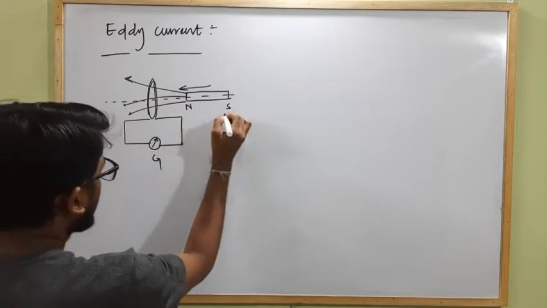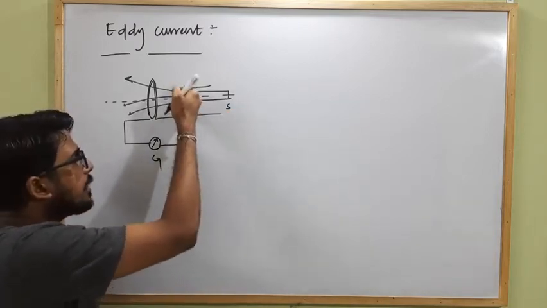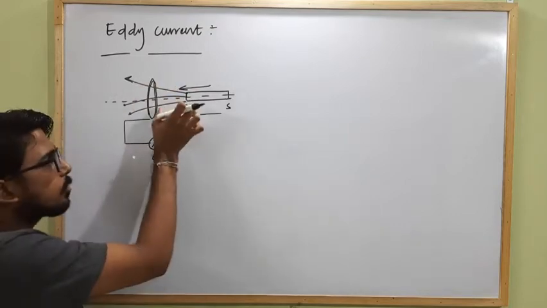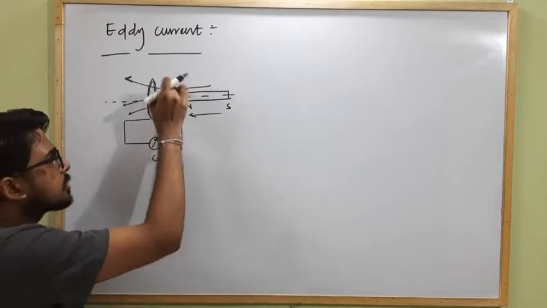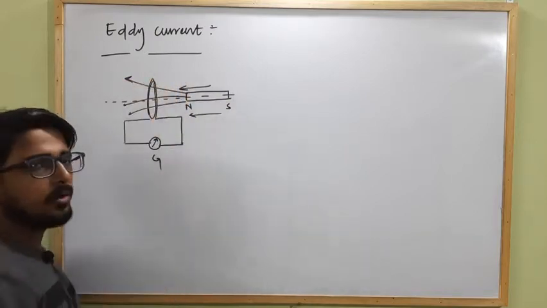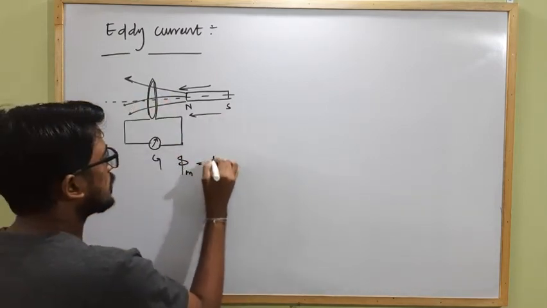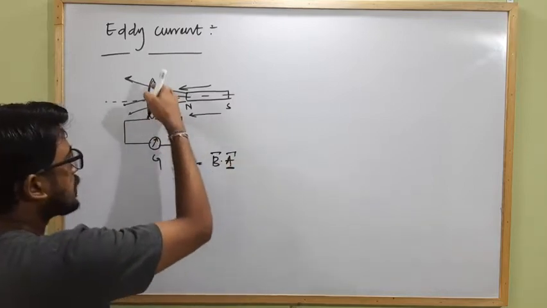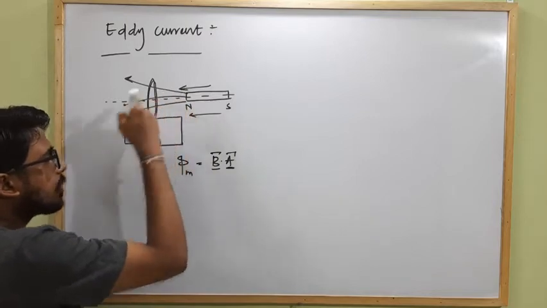When the bar magnet is moving towards the coil, gradually the strength of the magnetic field linked with the coil will increase due to the closeness between the magnet and the coil. The flux, magnetic flux phi, is equal to B dot A. The area vector remains constant, but the magnetic field strength increases as the bar magnet moves towards the coil.